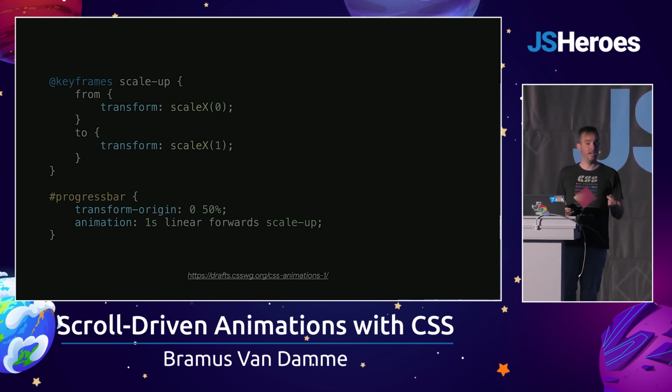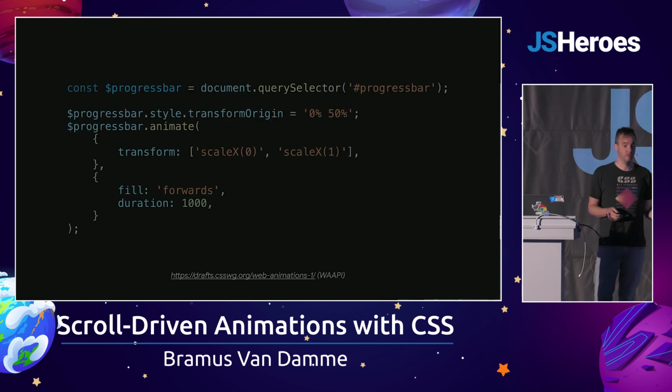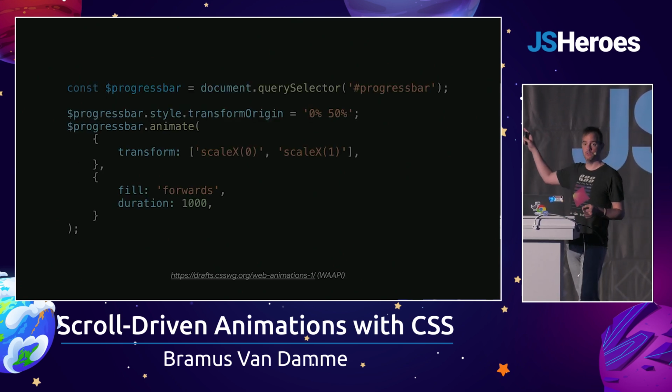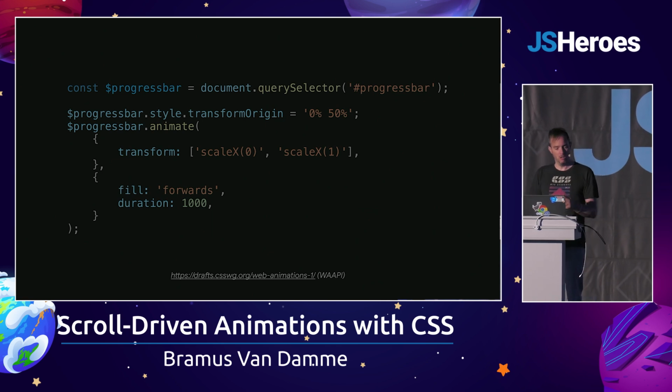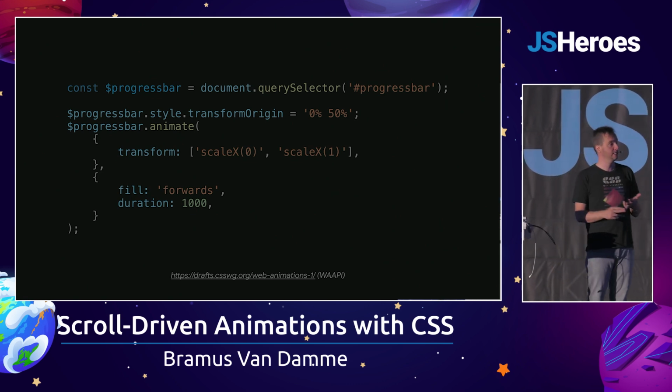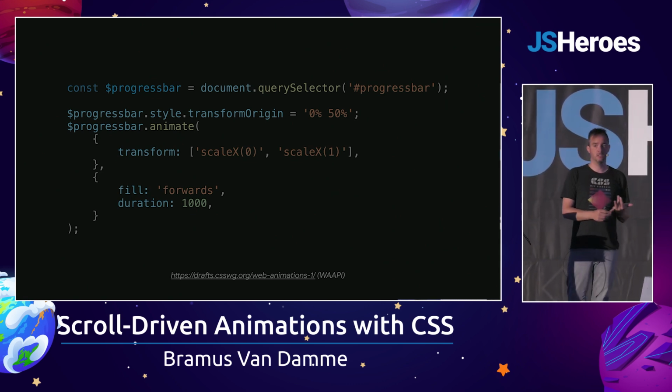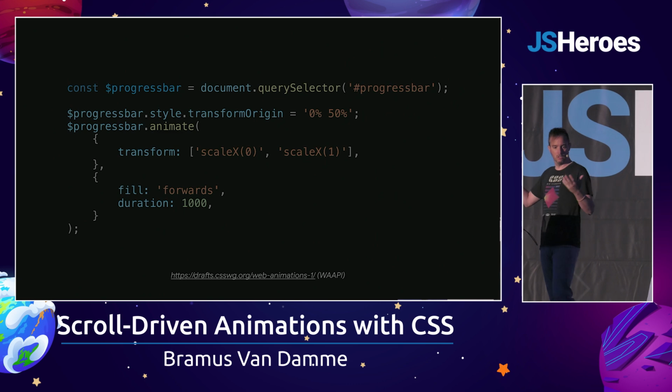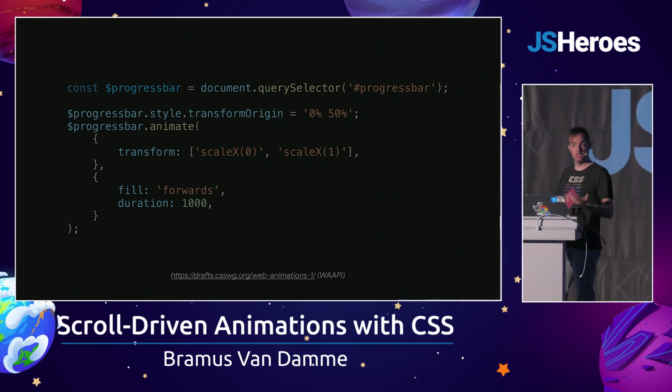And not only do we have CSS animations, we also have the Web Animations API. And this already knows how to do certain animations on the compositor, so not on the main thread. If you're, for example, doing a transform or changing the opacity or doing a translate, that will run on the compositor and not on the main thread.